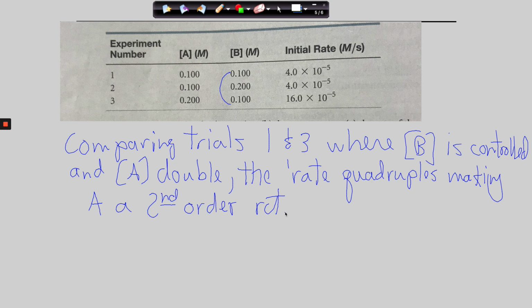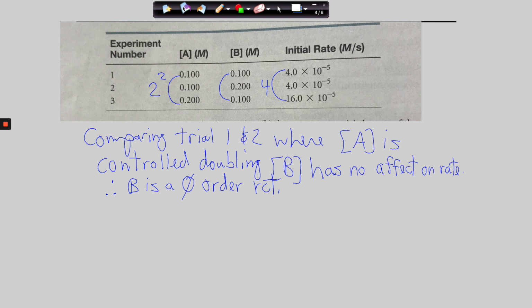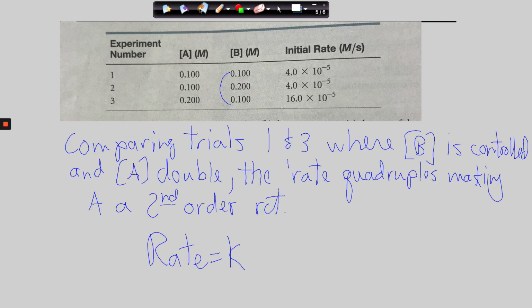So now, guys, we have to write our rate law. It goes like this. Rate is equal to k, then we've got an A and a B. Here we established that A is second order and B is zero order.